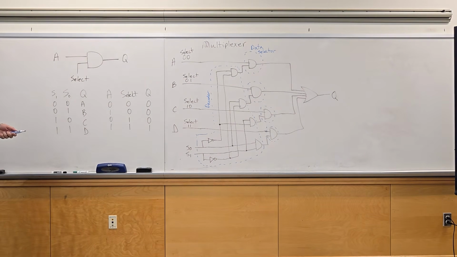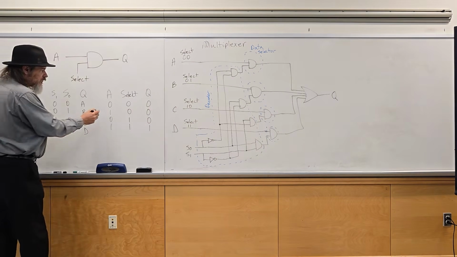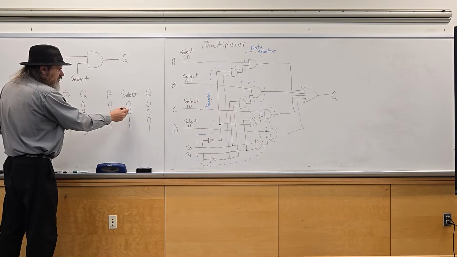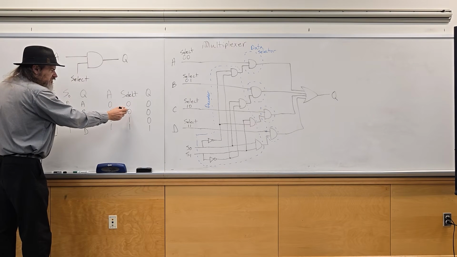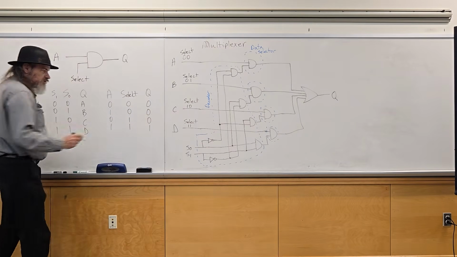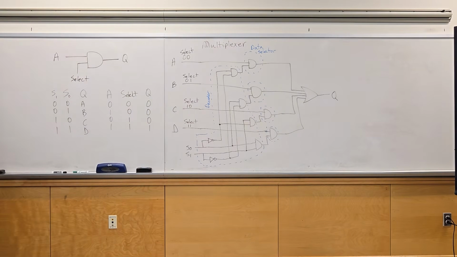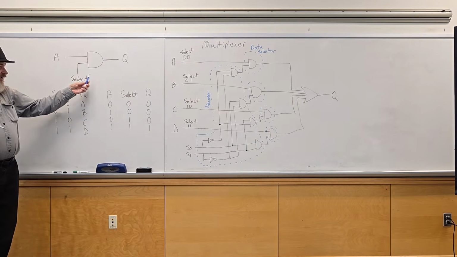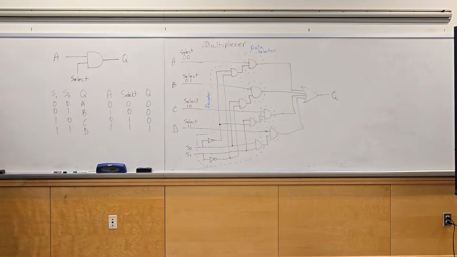And because it doesn't matter what A is, if select is 0, Q is going to be 0. Because that's the AND gate truth table, right? So on the previous one, I just put X for I don't care for A when the select is 0.